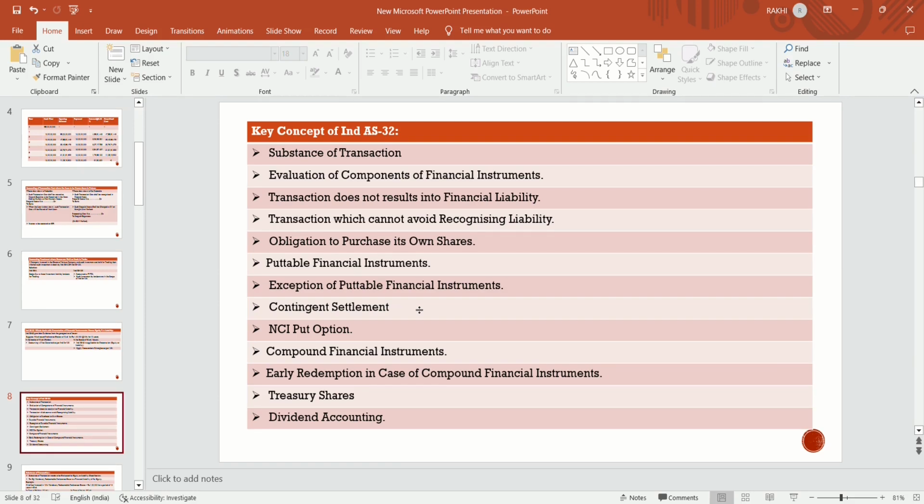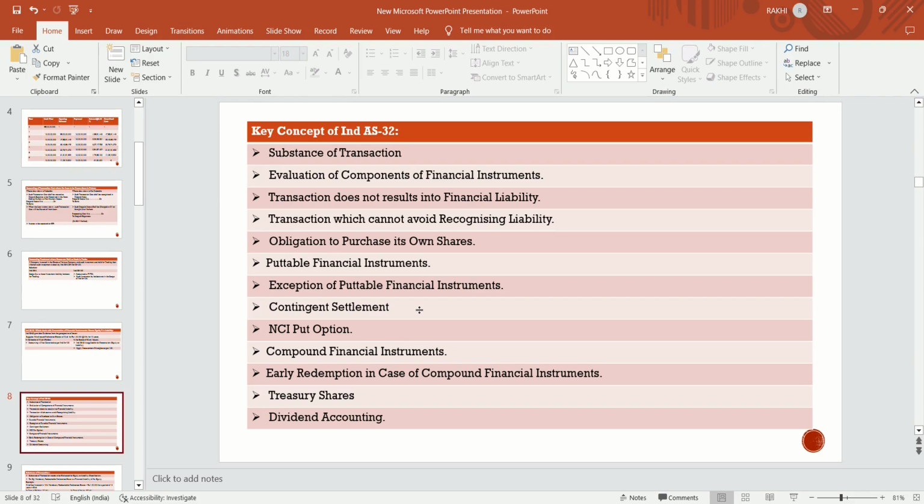That is, substance of transaction, how the transaction is to be evaluated, evaluation of components of financial instruments, transactions that do not result in financial liability, that is, which transactions cannot avoid recognizing a liability, obligation to purchase its own shares, putable financial instruments, then the exception for putable financial instruments, then contingent settlements, then NCI put options, then compound financial instruments, then early redemption in case of compound financial instruments, then treasury shares, then dividend accounting.